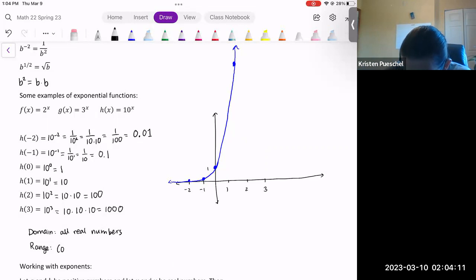So our range here is 0 to infinity. There's no way to produce negative values here. And so this is one place where it's really important to keep track in your head that when we have a negative in our exponent, it means 1 over, but that negative doesn't come down in front in any way. So next up, we're going to look at some rules for working with exponents.